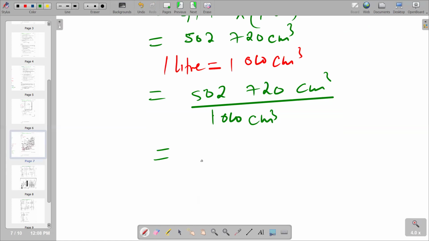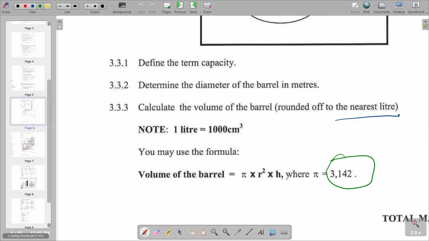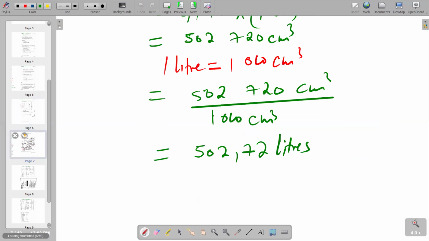We get 502.72 liters. Which, of course, again, if you refer back to the question, the instruction is to round off to the nearest liter.